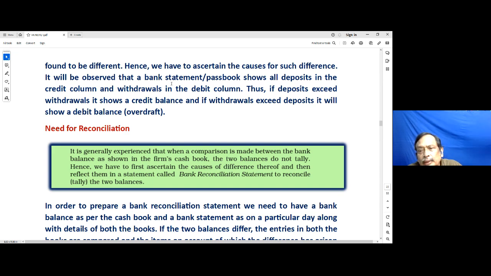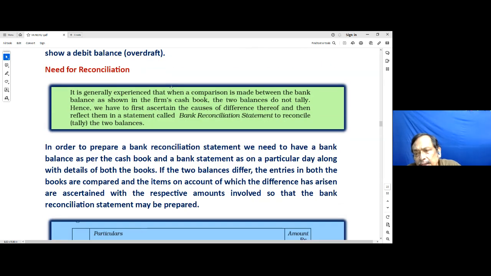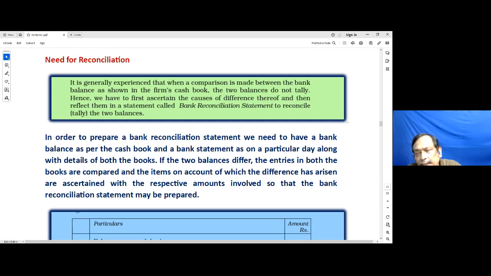Now, the next question that is coming in our mind, why there is a need for reconciliation? It is generally experienced that when a comparison is made between the bank balance as shown in the firm's cash book and the passbook, the two balances do not tally.